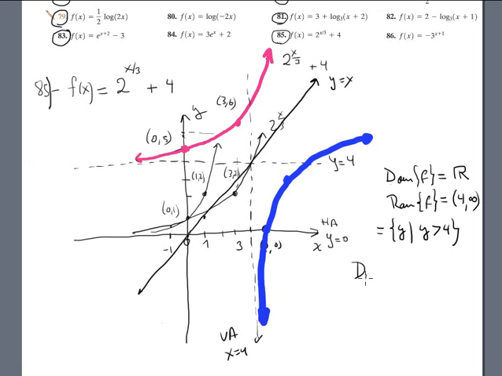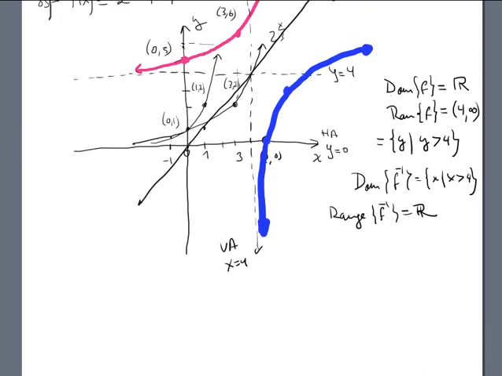Now the domain of the inverse is obviously x such that x is greater than 4. And the range of the inverse is all real numbers.